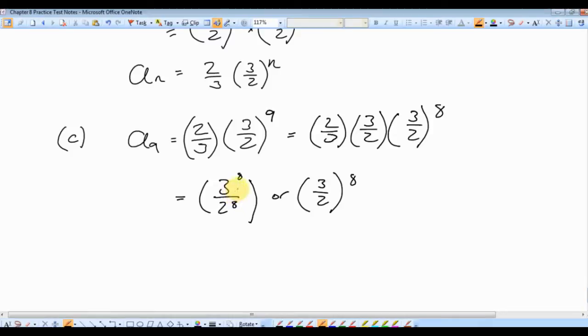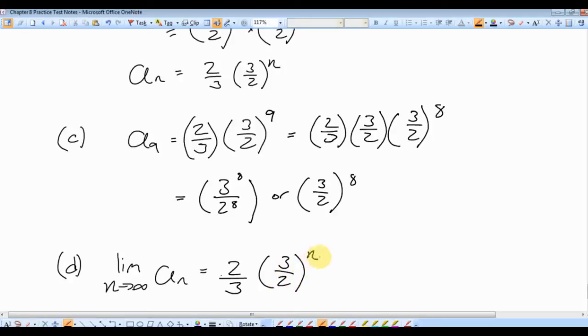Let's take a look at D. D, we have, does the sequence converge? What is the limit as n approaches infinity of the general term? Well, that's 2/3 times 3/2 to the n power.